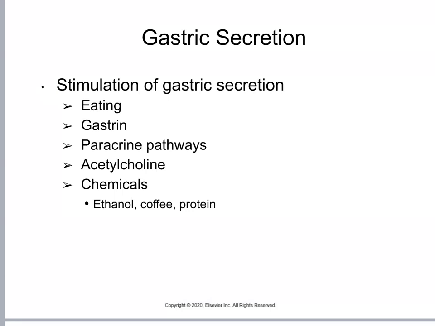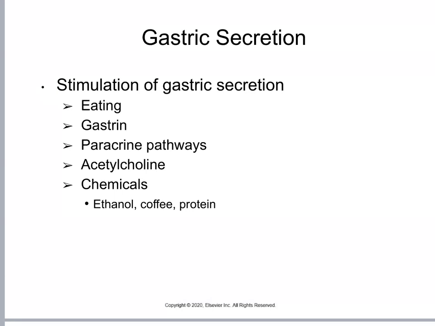Gastrin increases production of hydrochloric acid by the parietal cells, and it's going to promote that gastric motility, and it's going to enhance the secretion of something called pepsinogen, which we'll talk about shortly. Gastrin is like the major thing that drives acid secretion during digestion.